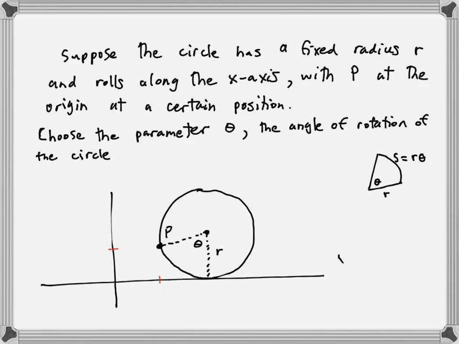So this piece of the circle has length r theta, but then that means that from here to here is r theta, because that's exactly how far it's rolled. If you want to talk about how far it's rolled, it's exactly how long the arc of the circle is. Now, I know I didn't draw this geometrically perfect, but I want you to use your imagination that those two are the same length, okay? So this is r theta, and that's important to know.